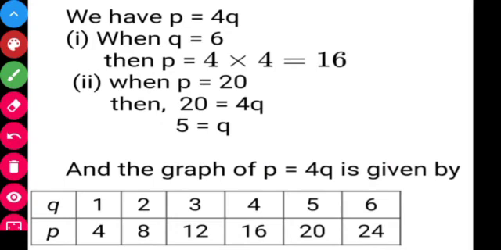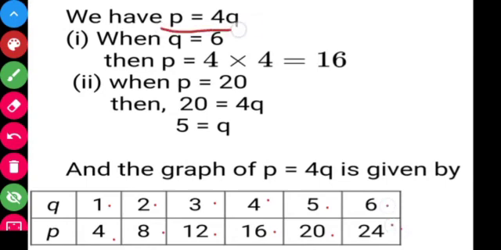When q is 1, then p is 4. When q is 2, then p is 8. When q is 3, then p is 12. When q is 4, then p is 16. When q is 5, then p is 20. When q is 6, then p is 24.